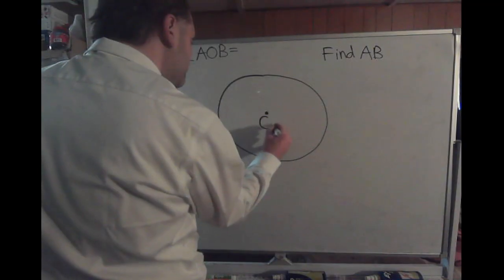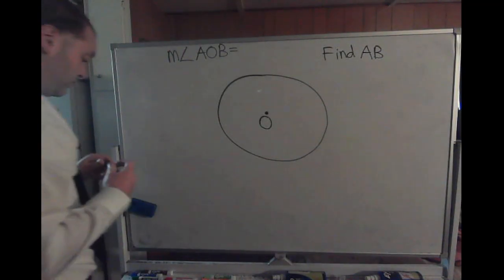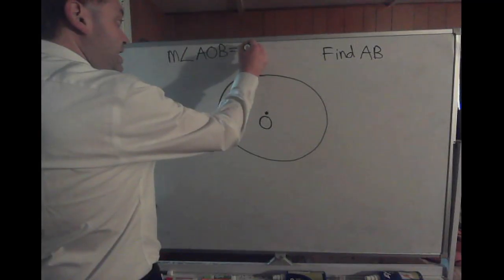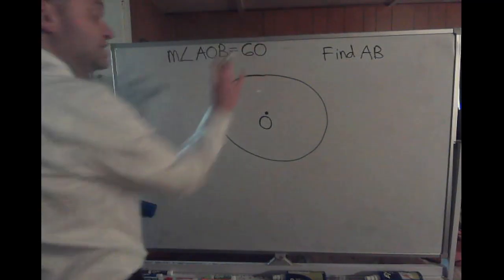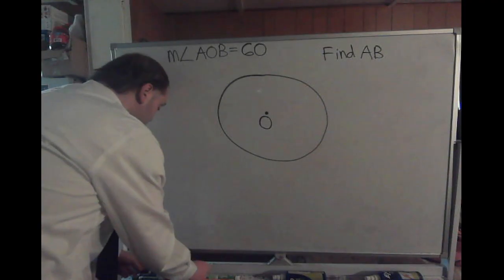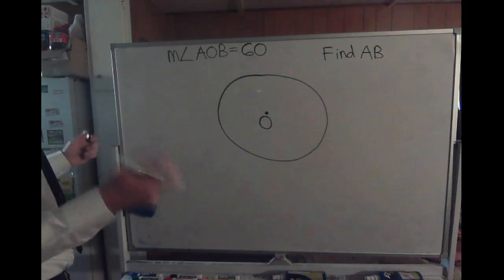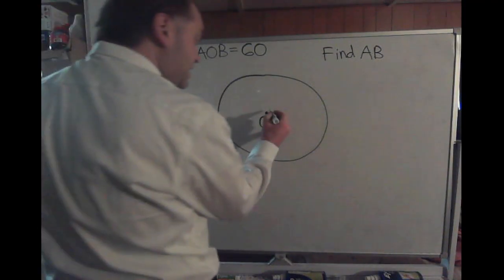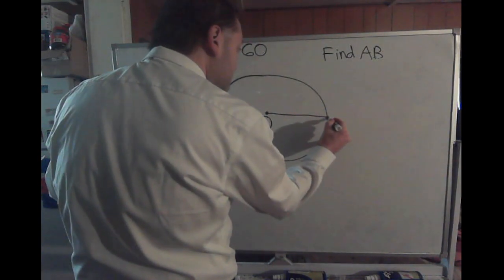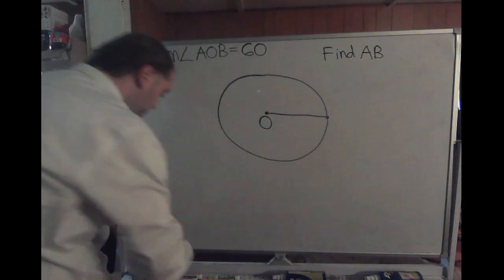So we have our center O. This time they give us the measure of angle AOB is going to be equal to 60 degrees. So what's left to do now is form your radii, both radii OA. So here is OA.